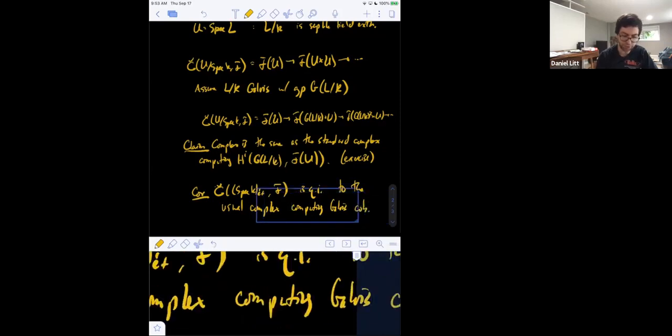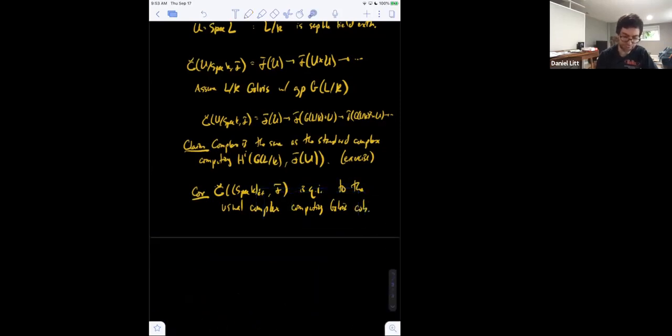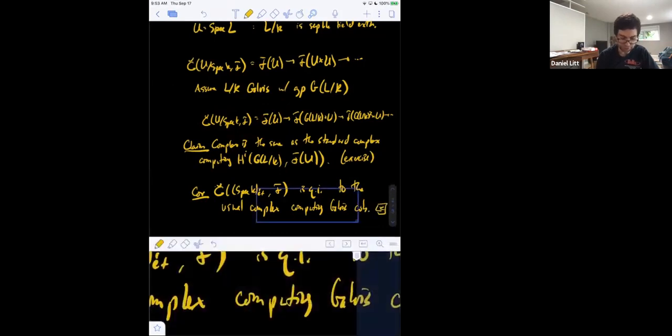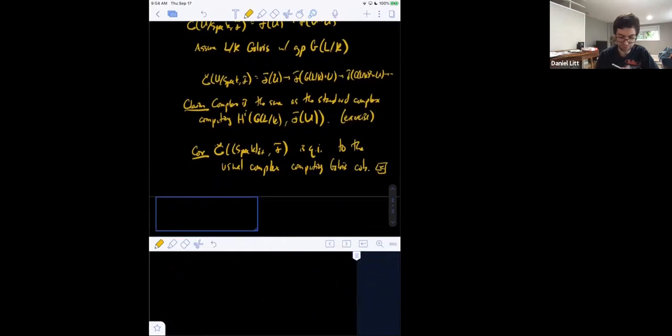Why is that? It's because that complex is precisely the direct limit of these things, and that's the definition. So what I want to convince you of is that even if the Čech cohomology stuff seemed unfamiliar, if you've seen Galois cohomology, you've done Čech cohomology before. Are there any questions about that?